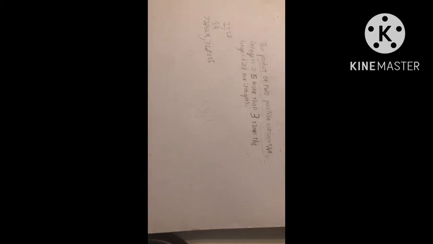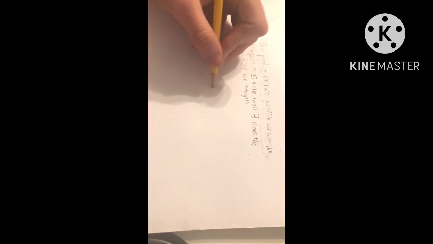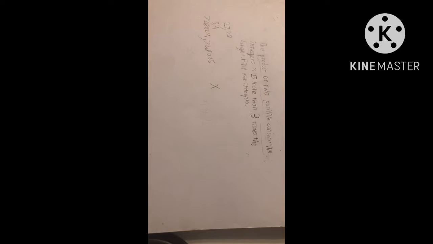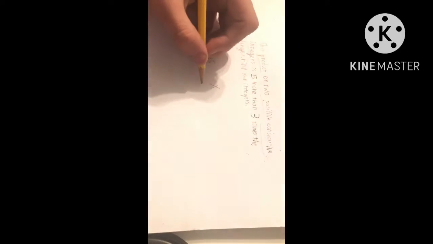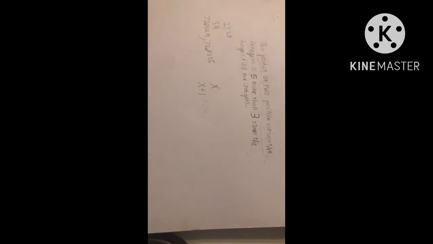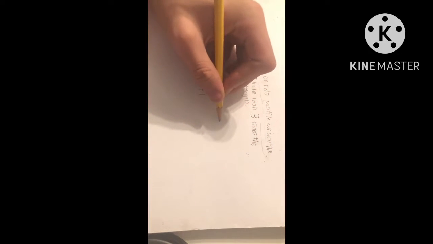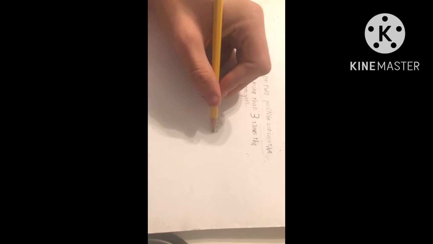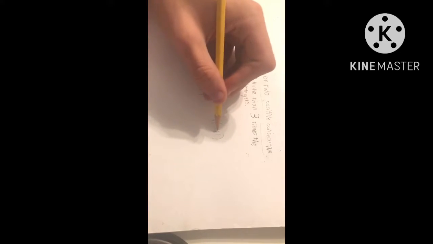So we'll have our integer be x, but since it's the consecutive one after, we're also going to do x plus 1. But this can also be written as just simply x plus 1.